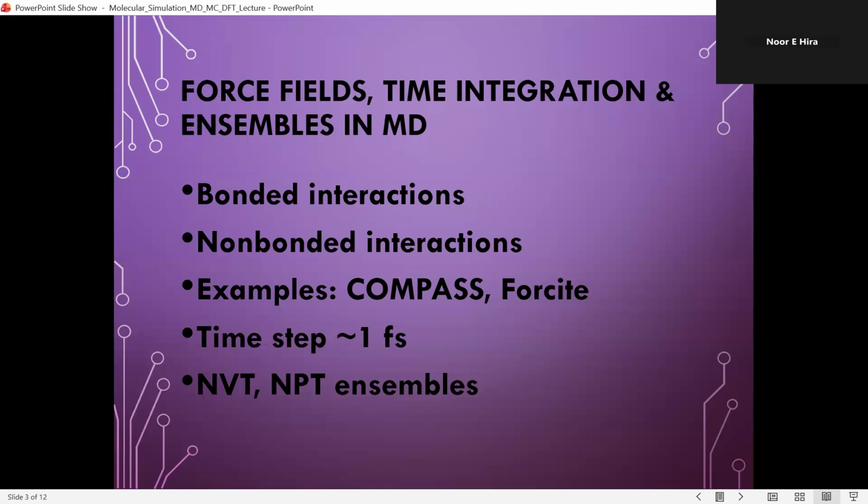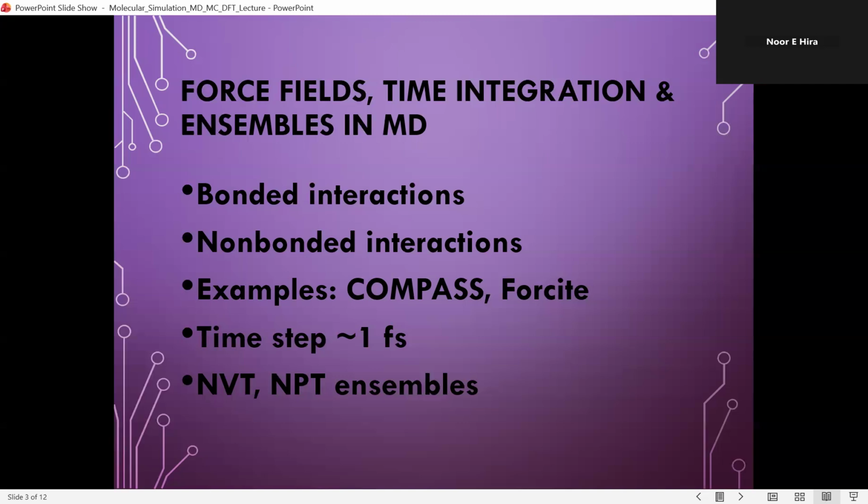Molecular dynamics simulations advance in very small time steps, typically around 1 femtosecond, to accurately capture atomic vibration. You know that we trace atomic vibration. So a femtosecond is a very small period of time.